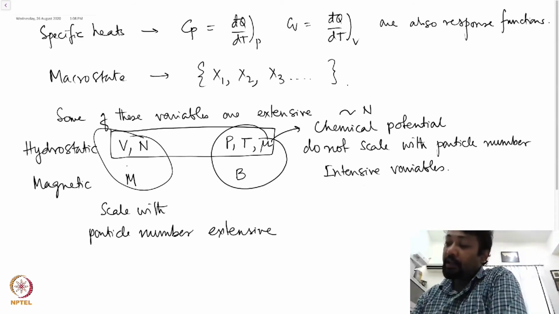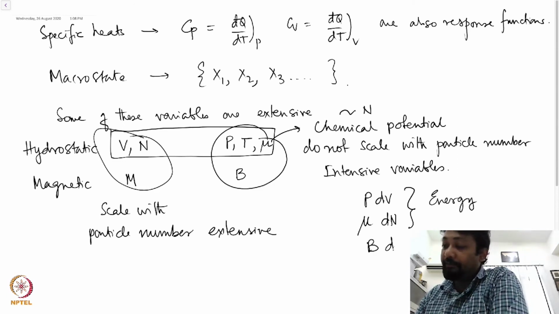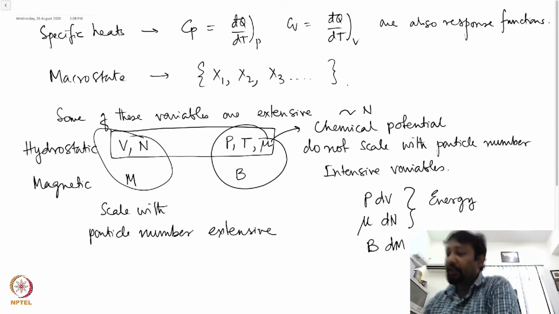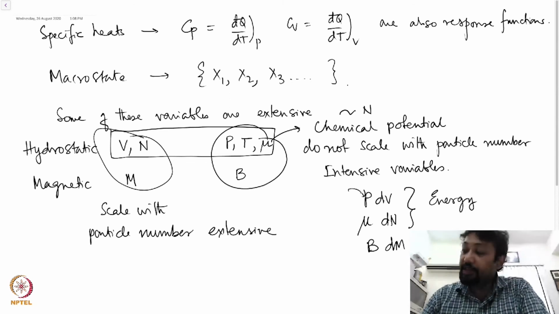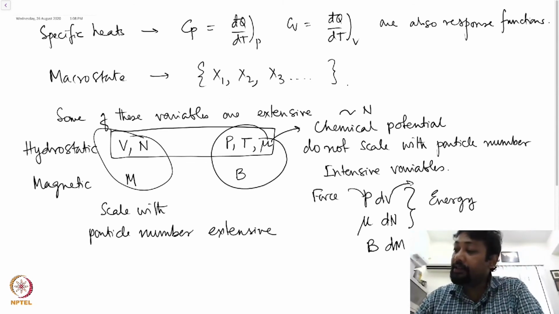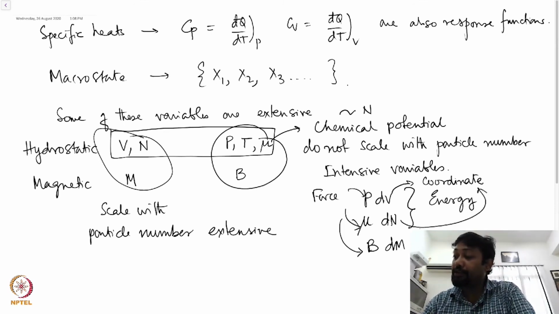P dV and mu dN have the dimension of energy. Similarly, for a magnetic system, B dm has the dimension of energy. And this is where the analogy with mechanics comes. This is a force and this is a coordinate, a generalized force and a generalized coordinate.